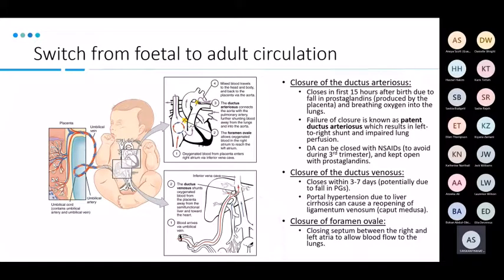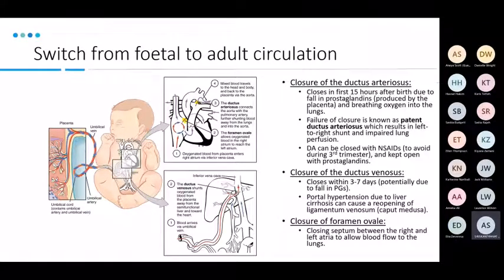Okay, so just to go through the switch from fetal to adult circulation. During the first 15 hours after birth, you have a fall in prostaglandins, which is stimulated by your breathing in oxygen, and this leads to the closure of the ductus arteriosus. If it fails to close, then it's known as a patent ductus arteriosus, and this can lead to a left to right shunt.